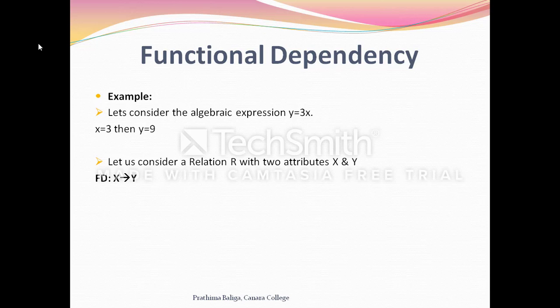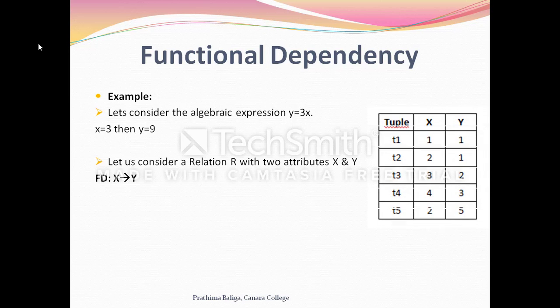When do we say there exists a functional dependency x determines y in a relation? When the value of x determines a unique value for y attribute, we say a functional dependency exists. Consider a relation with two attributes x and y. Let us assume there are only 4 tuples t1 to t4 in this relation.